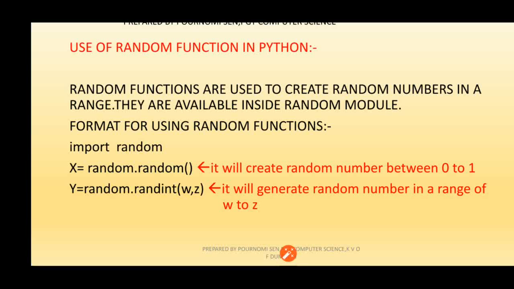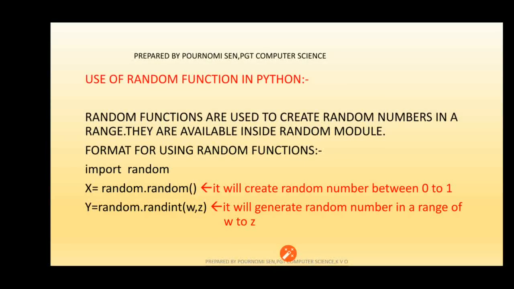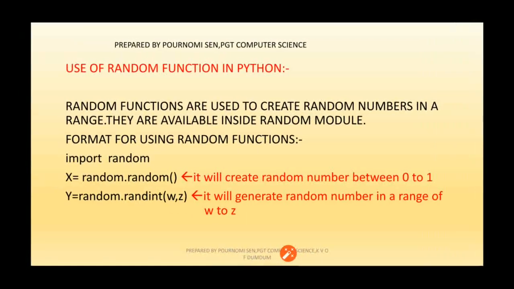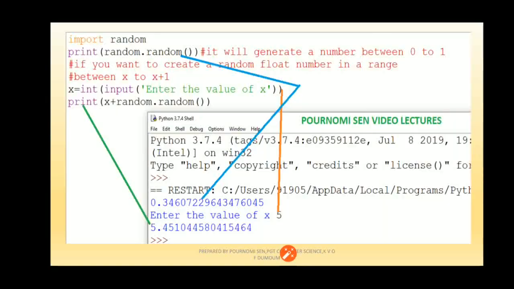That means if we provide a value 5 for w and 10 for z, then this randint function will generate a random number between 5 to 10. In this case 5 and 10 are also included in this range. So this is what a randint function will do.